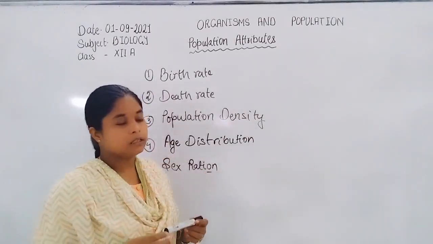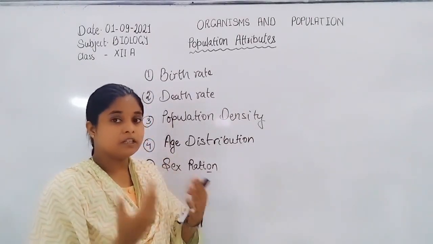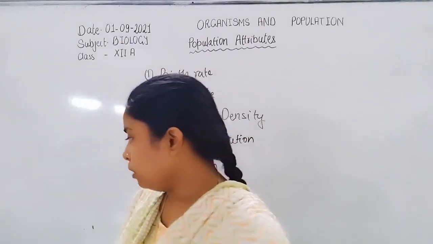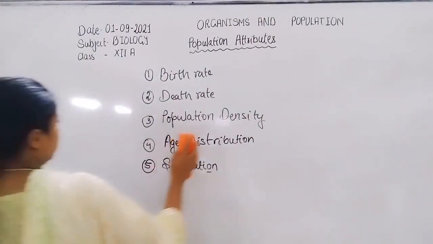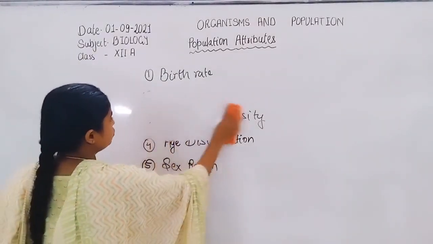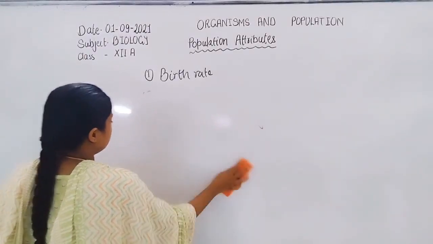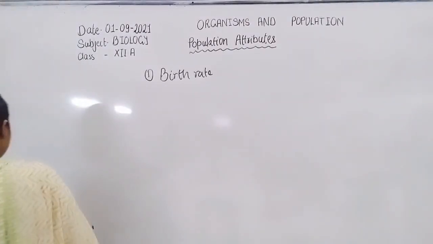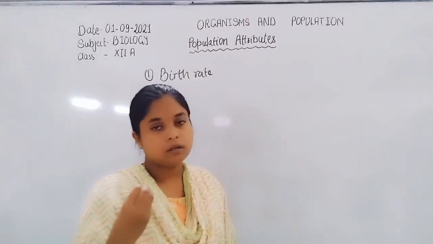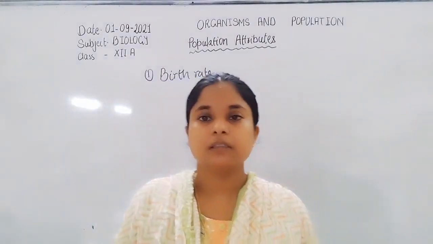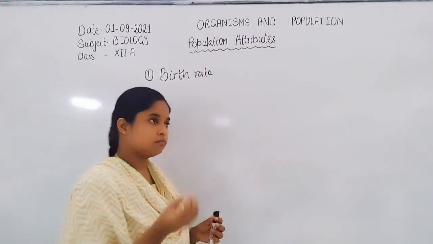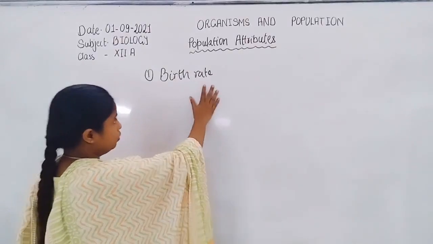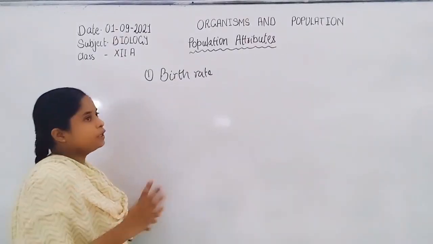So birth rate is simply the addition of new individuals in a given population. An individual can reproduce or give rise to birth, but if we want to calculate birth in a population, it is always taken as the birth rate of a given population per unit time.